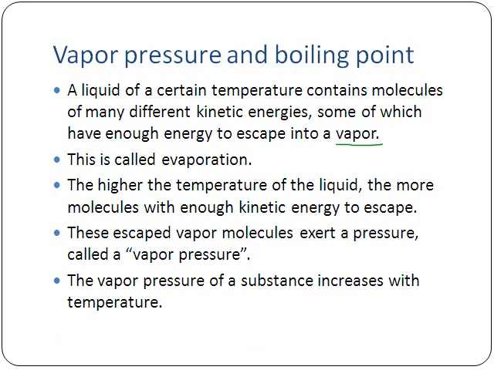This process, where molecules turn into a vapor even though you're below the boiling point, is called evaporation, common sense there. Now, we also know by common sense, if you want something to evaporate, all you have to do is heat it up. The higher the temperature of the liquid, the more molecules you're going to have which are fast enough to escape that liquid and turn into a vapor. And so these molecules escape, turn into a vapor, and are now out in the atmosphere.